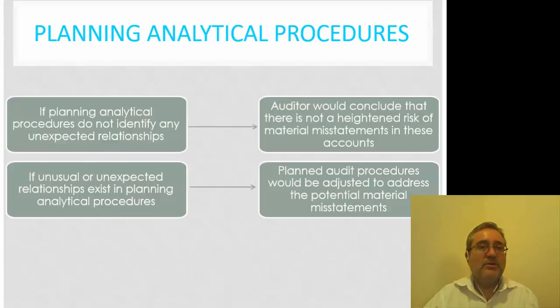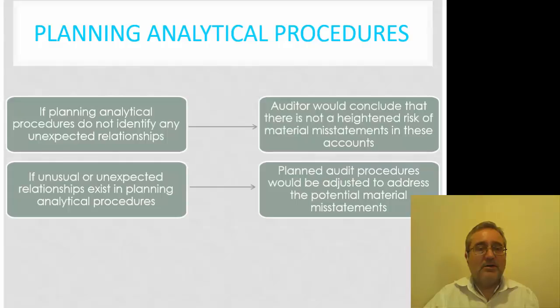Keep in mind that analytical procedures as planning procedures is a required step. If we're using these analytical procedures and we find no unexpected relationships, then the auditor is going to conclude that there's no heightened risk related to any specific area, and the auditor will then continue his or her testing as planned.